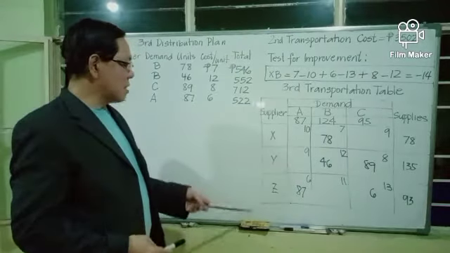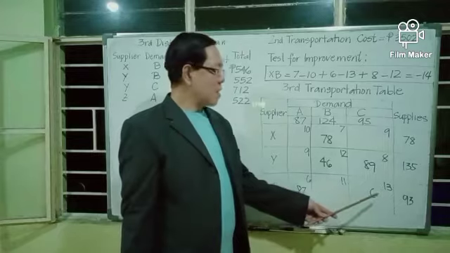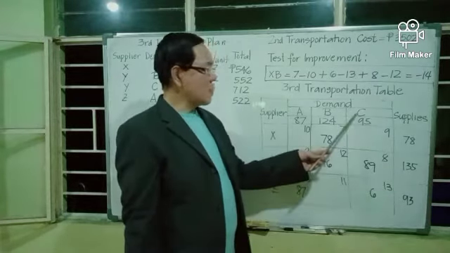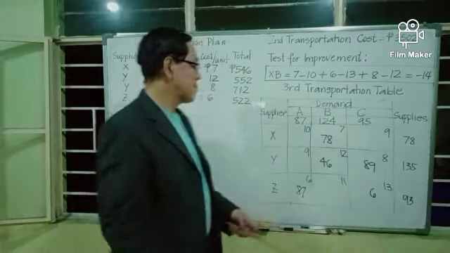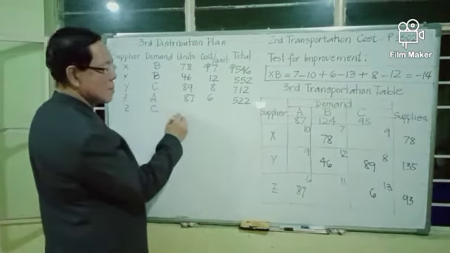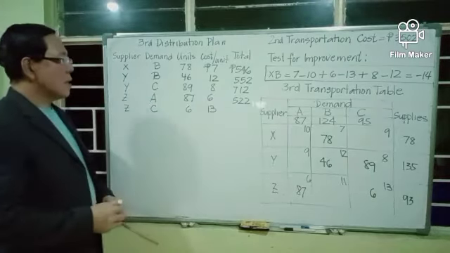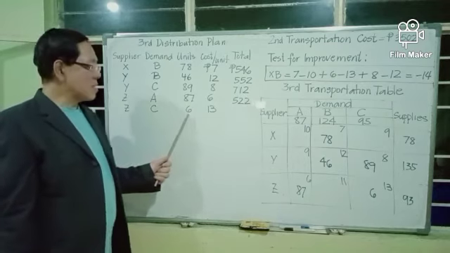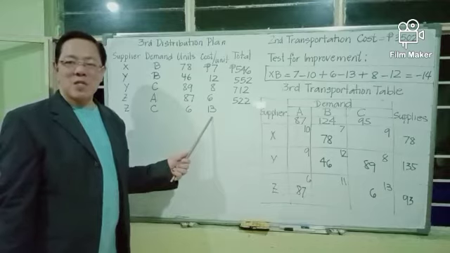Lastly, from the same supplier Z, we supply 6 units, transportation cost of 13 pesos per unit to customer C. We have Z to C, and we find the total cost of transporting 6 units at 13 pesos per unit.